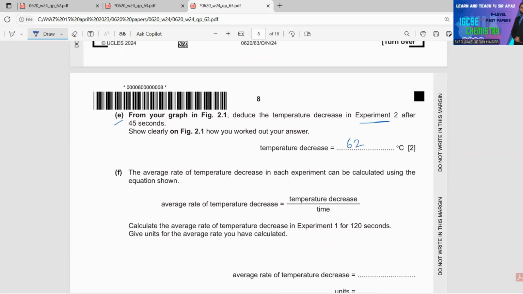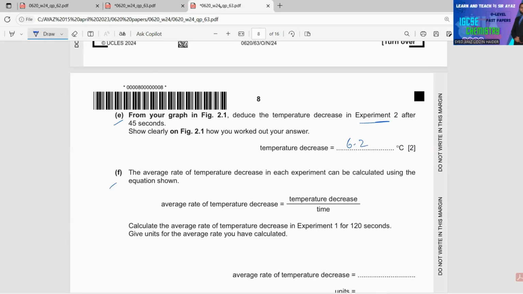The average rate of temperature decrease in each experiment can be calculated using the equation shown. Average rate of temperature decrease is equal to temperature decrease divided by time. Sorry, it's not 62, it's 6.2. I have to write 6.2.